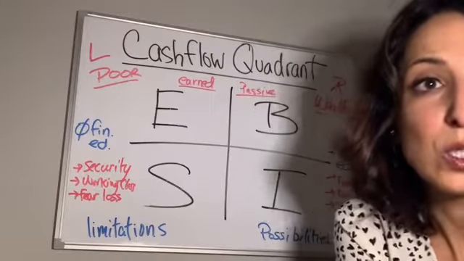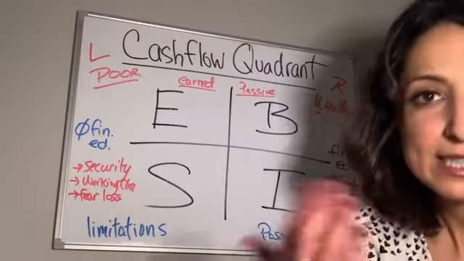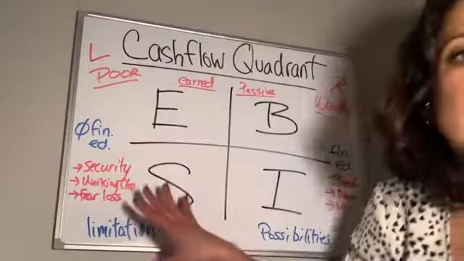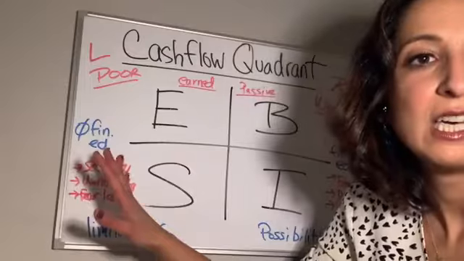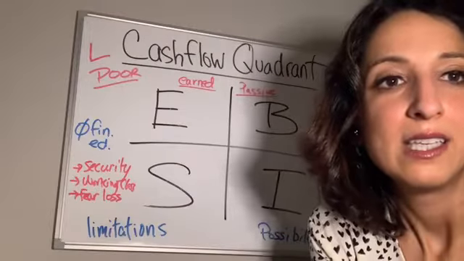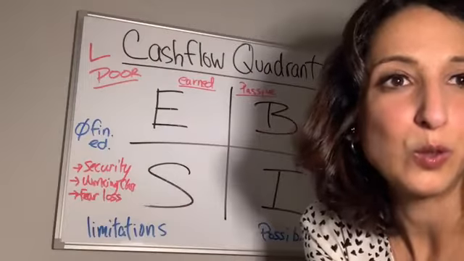When we go to school, a lot of times we go through a system that develops us to become the working class. So when we go to school, we get trained to be on the left side of the quadrant. They teach us how to become great employees. If you look at it, we receive zero financial education when we go through school, right?